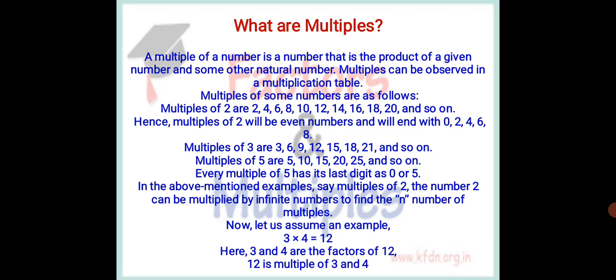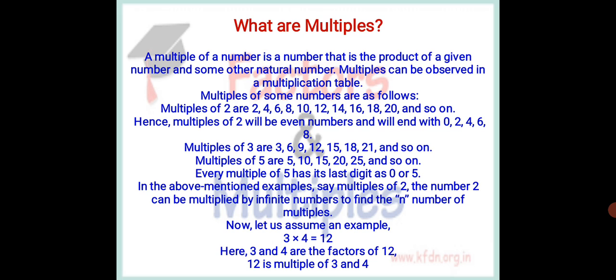Here 3 and 4 are the factors of 12. And vice versa, 12 is the multiple of 3 and 4. Now it is clear to you, children, all about factors and multiples. 3 and 4 are the factors of 12 and 12 is the multiple of 3 and 4.